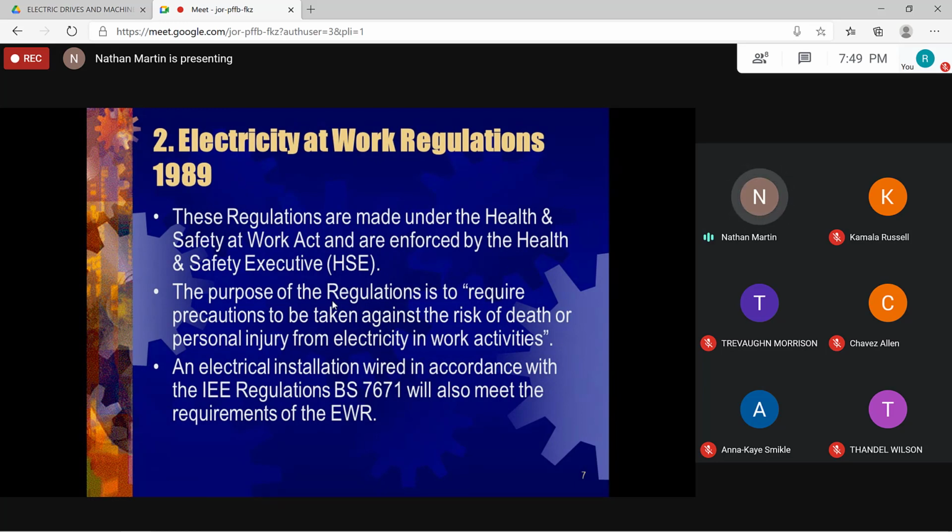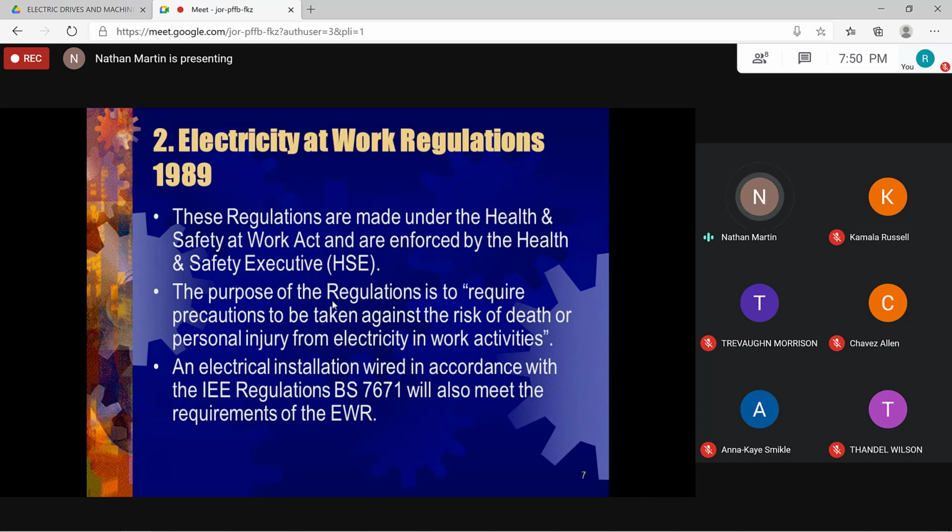An electrical installation wired in accordance with the IEE regulations, which is British Standard 7671 (BS stands for British Standard; the JS in the Jamaican local code is Jamaica Standard), will also meet the requirements of the Electricity at Work regulation.